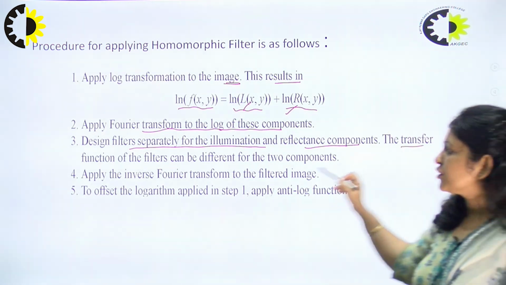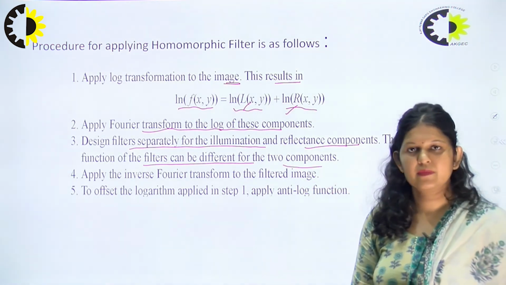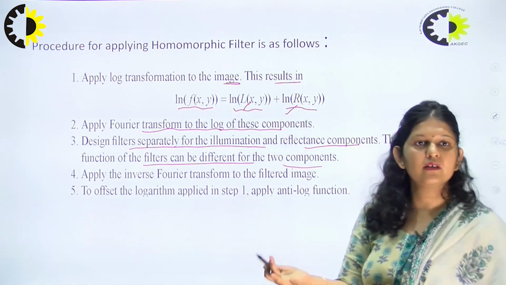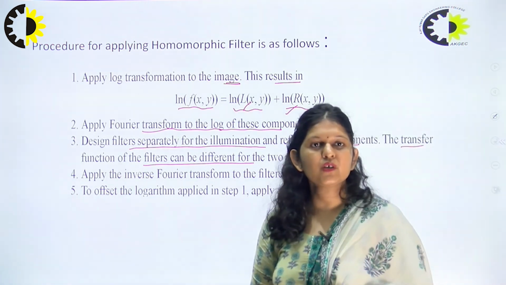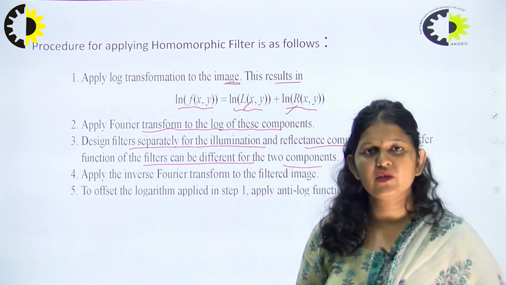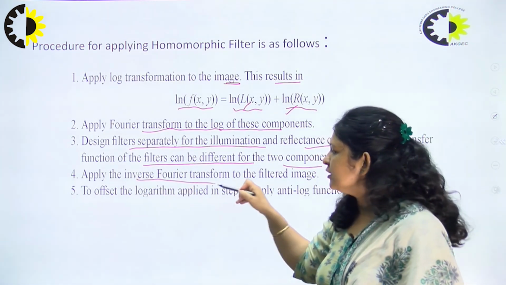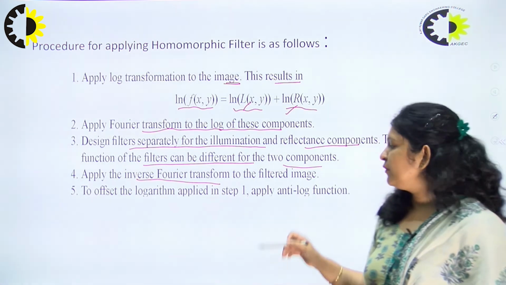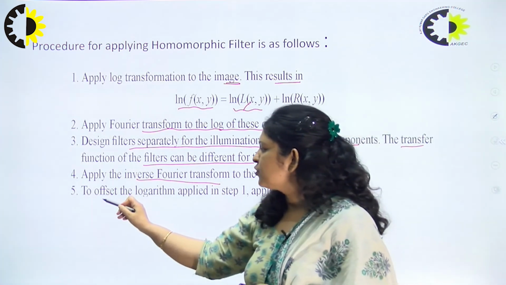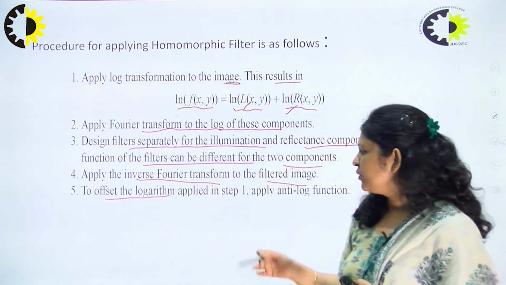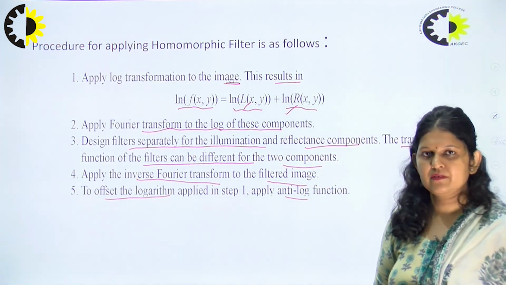The transfer function of the filters can be different for the two components because they represent different values. To convert back to the spatial domain, we apply the inverse Fourier transform to the filtered image, and at last, to offset the logarithm applied in step 1, we apply the anti-log function.